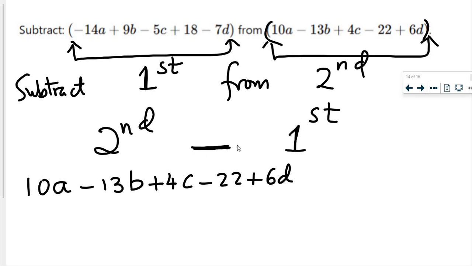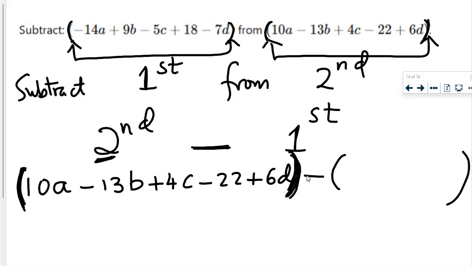Minus, the moment you keep minus, you have to keep the brackets. These brackets here are very important. The brackets for the second expression, whether you keep them or you don't keep them, it still has no impact.